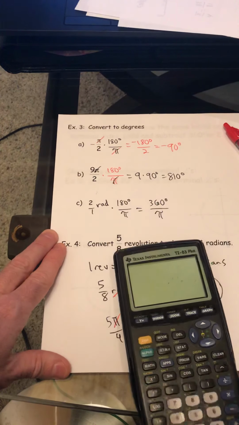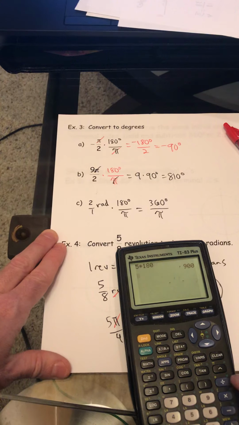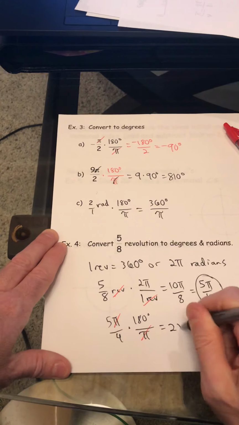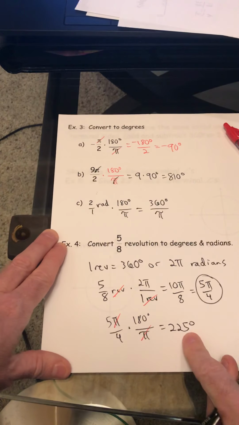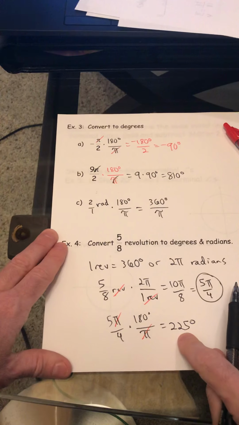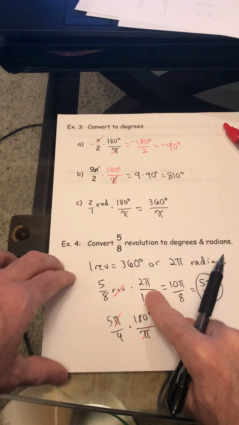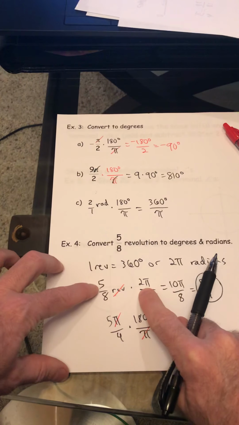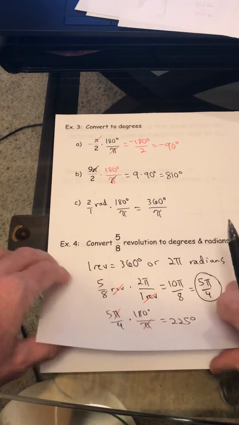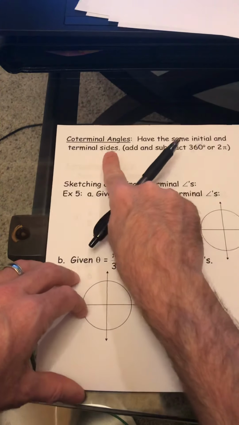From here, 5 times 180 divided by 4, 225 degrees. So, had you found this first and then converted, that works fine as well. I'll admit that as we go forward, you're probably going to eventually prefer radians because they're a lot smaller numbers. But that's another topic that shows up in 4.1.